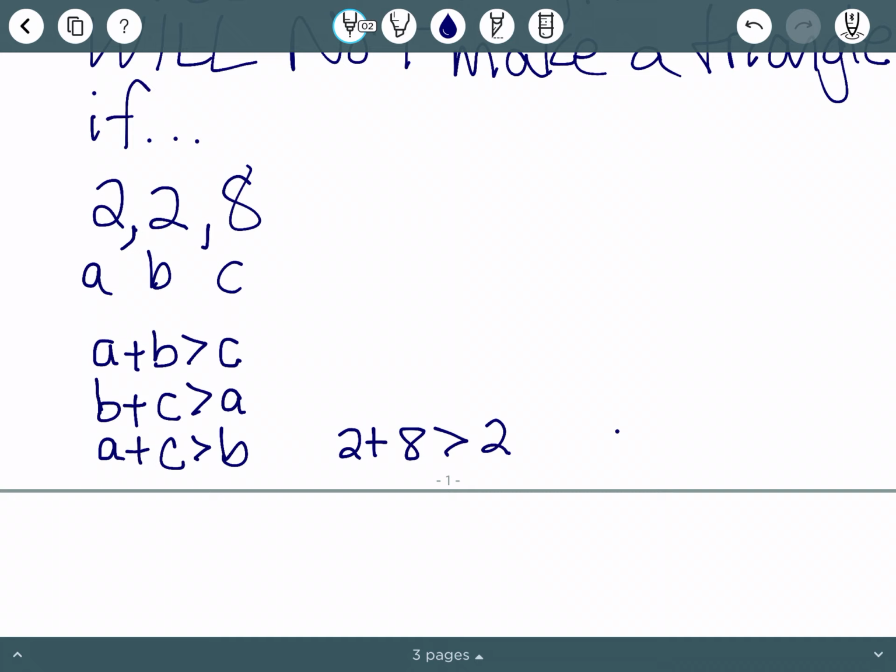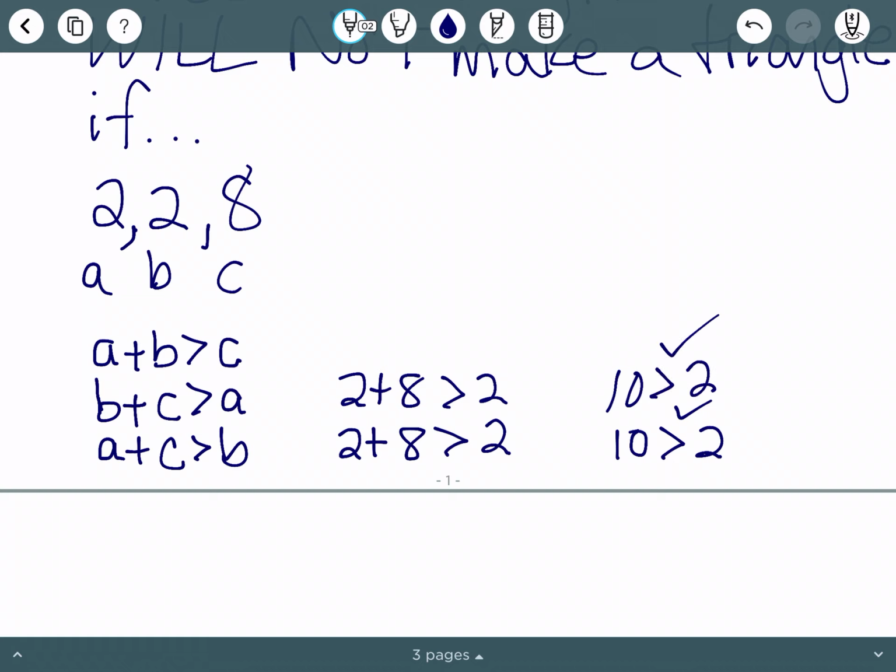So 2 plus 8 is 10. Is 10 greater than 2? Yeah, so far so good. But we know that our luck can't continue because I said this is not a triangle. Let's check out B plus C is greater than A. So again, I have 2 plus 8 is greater than 2. Well, 10 is greater than 2, which, yes, is a true statement. All right, so far so good.